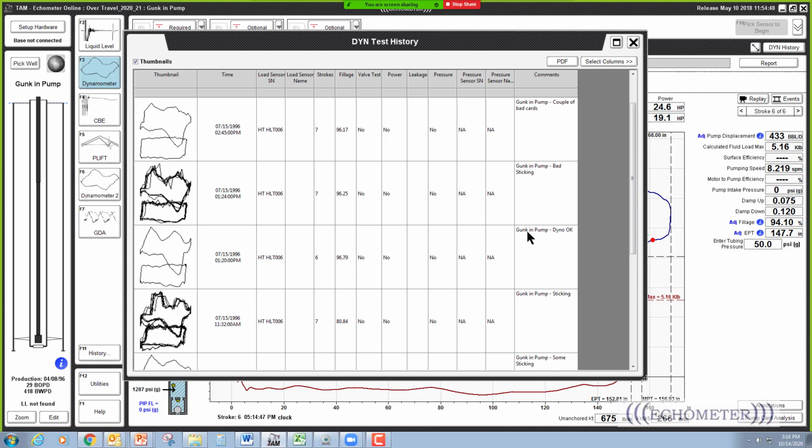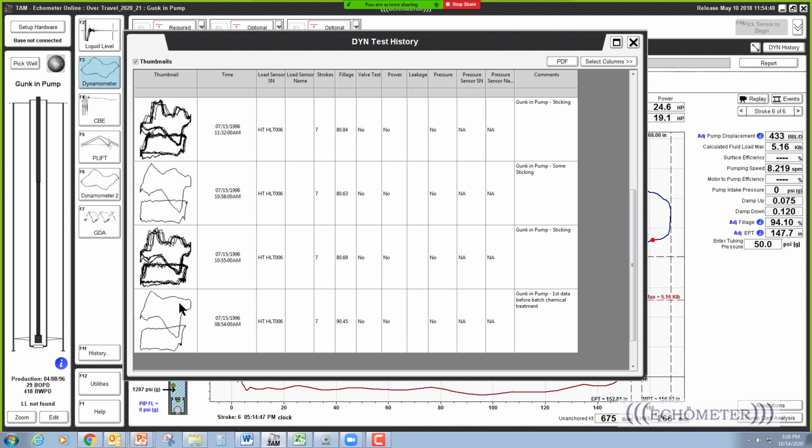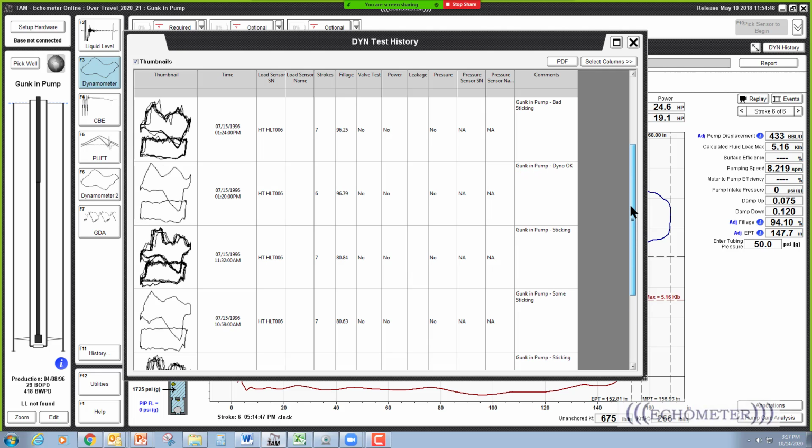But in between those two, they dumped chemical down the casing right here. That caused these pump cards to start having problems where the traveling valve would delay going on seat. The one that I want to grab is this one right here, the one that had that big peak load.